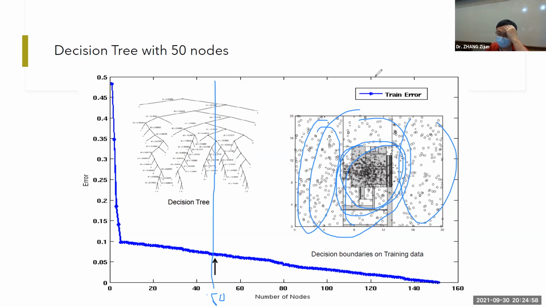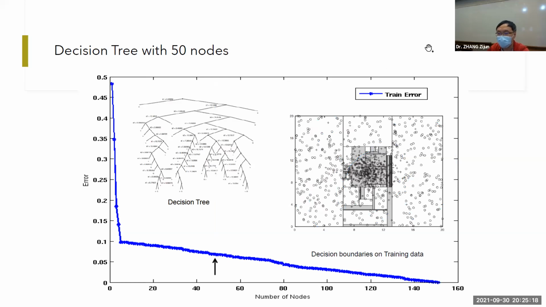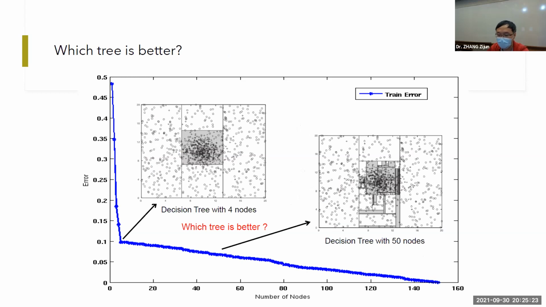Although it further decreases the error, the cost is you significantly increase the rules from 4 to 50. So have you gained any advantages? The question is whether such a cost is worthwhile, or which tree is better?